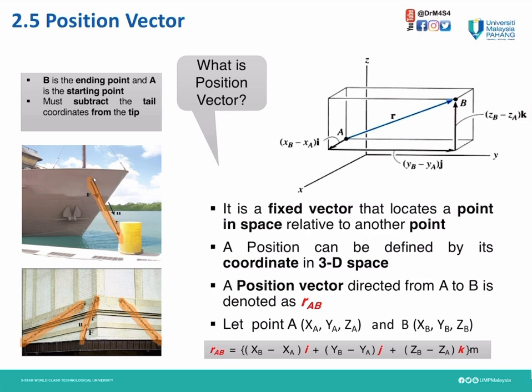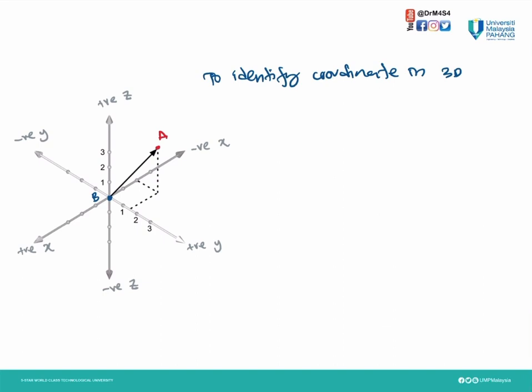So you can get the position here and here, then we can identify our position vector for this chain. Similarly, we do the same for another chain here and here.